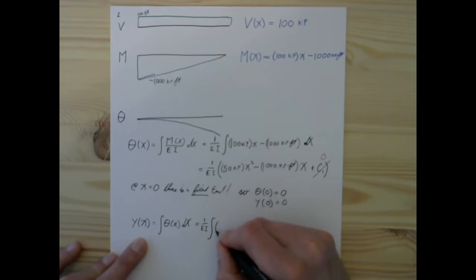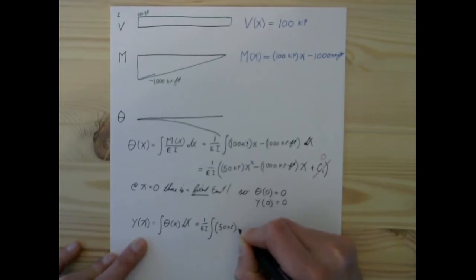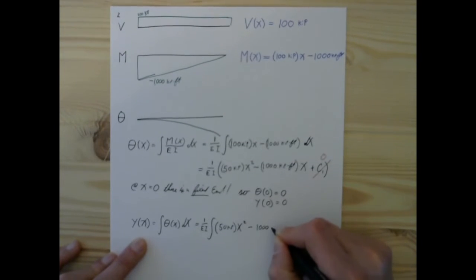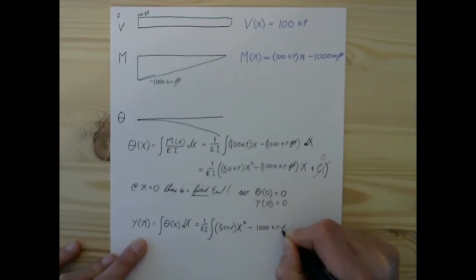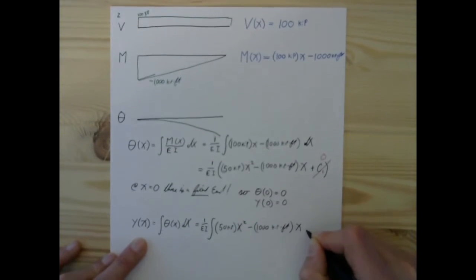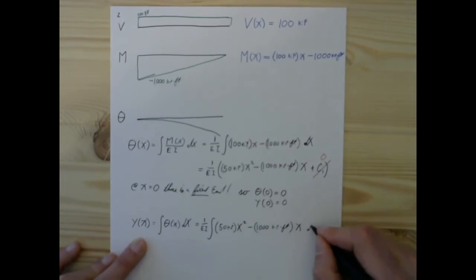The integral of 50 kips times x squared minus 1,000 kip feet times x. We said that C went to 0.